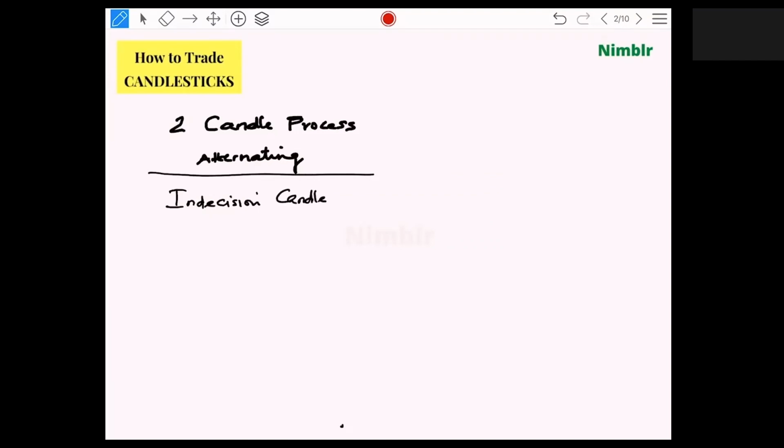Now, why indecision candle? Because it moves within a range. And how do you know that?